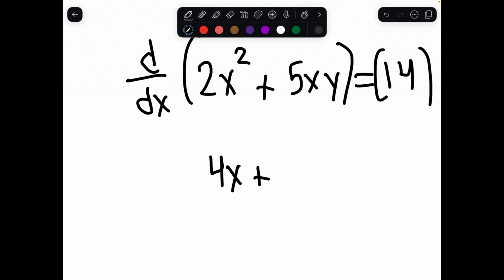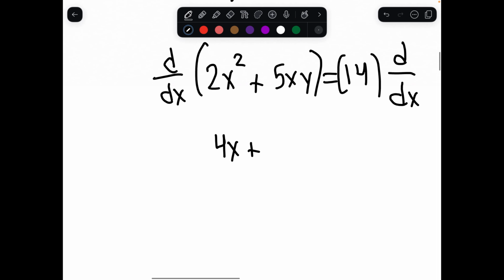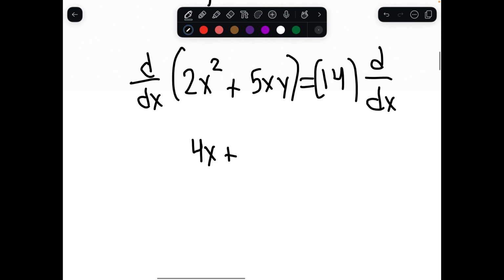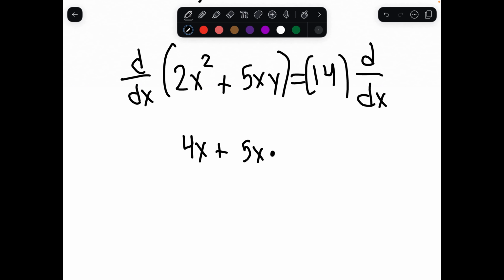So the derivative of 2x squared is 4x when you're differentiating with respect to x, plus 5x. And remember, this is the product rule. So the first function times the derivative of the second function.